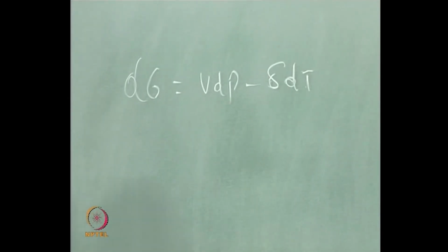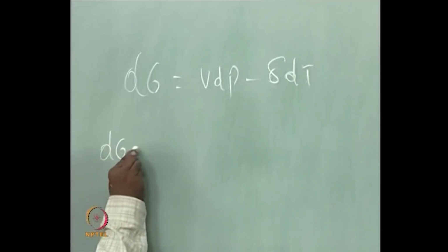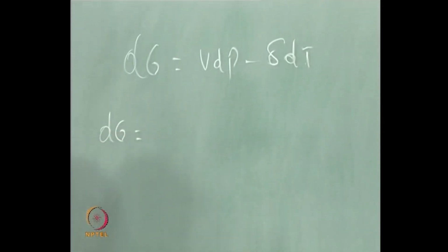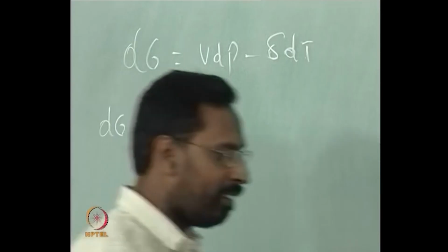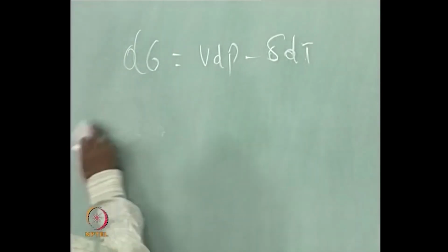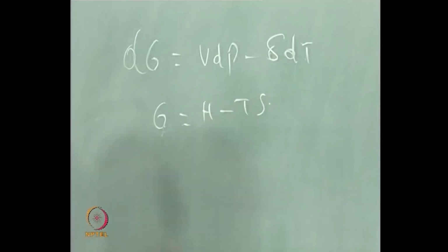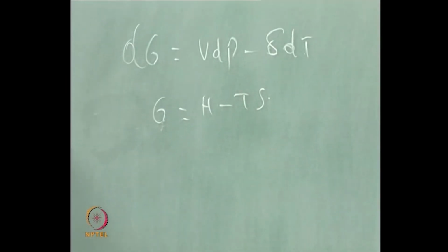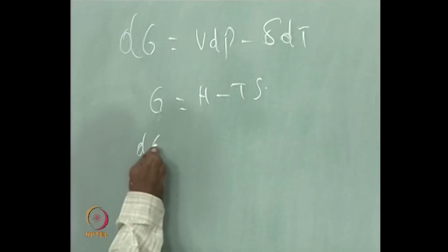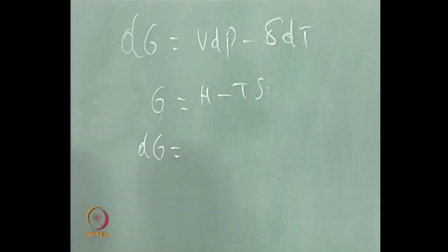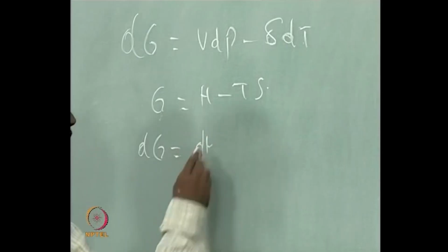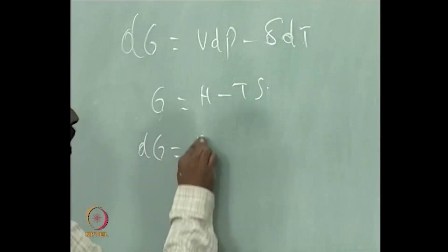If you simply know that dG, if you can write G as H minus TS, and basically do partial differentiation, you can write dG equal to dH minus d(TS).